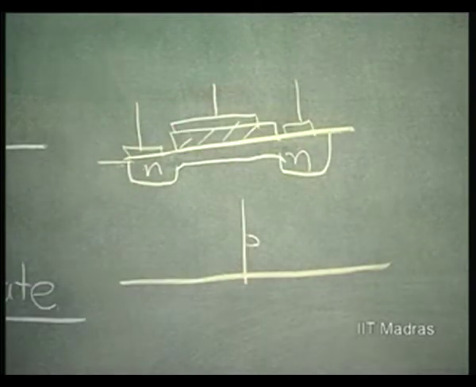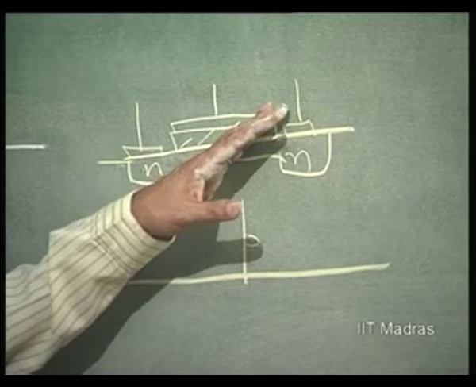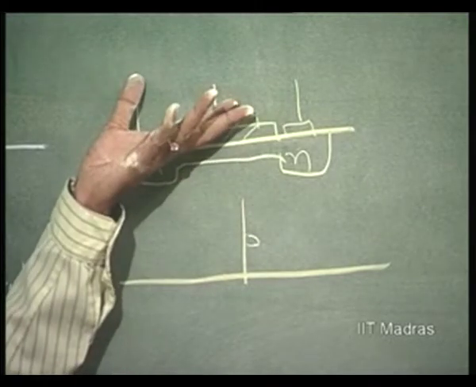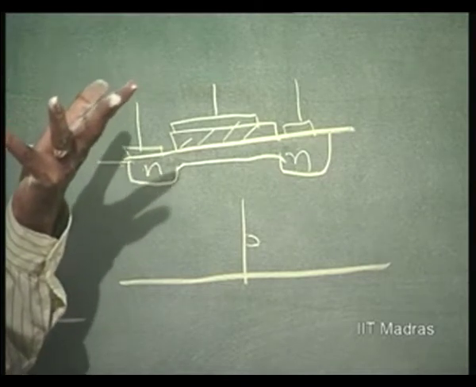This type of MOSFET is called depletion mode MOSFET, even though it can work both in the depletion mode and enhancement mode, because it is a MOSFET. We can apply positive gate voltage or negative gate voltage, nothing is going to happen. It will not draw any current.